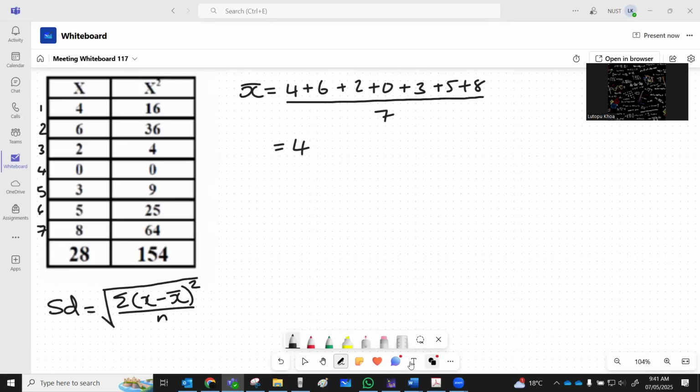Then we are going to extend our table and include a column for x minus x bar.